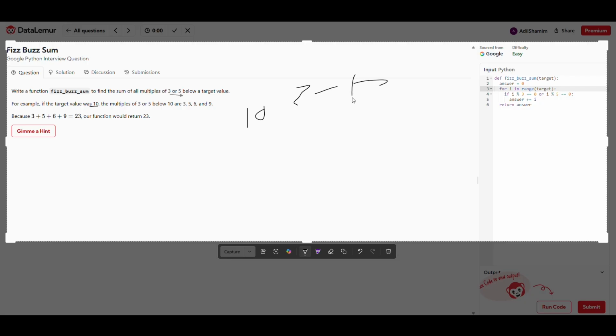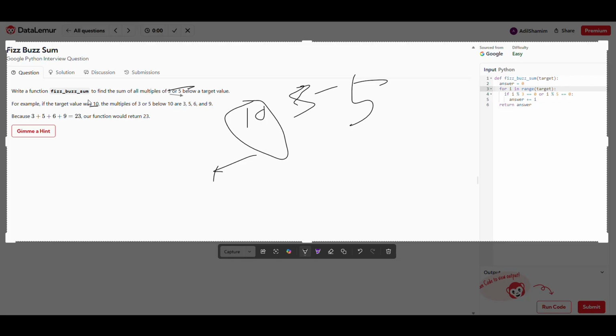Okay, this is the target example. The target is a variable, it will be changed, not fixed, but our numbers 3 and 5 are always the same.